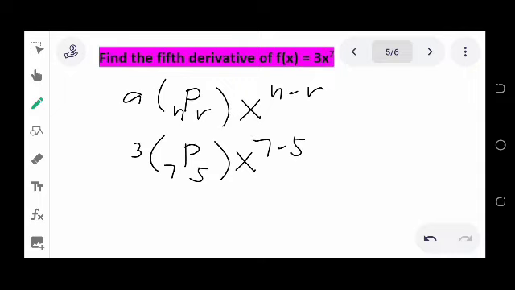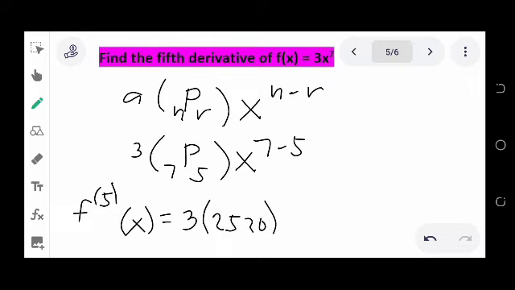So now we have the fifth derivative: 3 permutation of 7 taken 5, that's 2520. Then this is x squared, so this will give you 3 times 2520, which is 7560x squared, and that is now your answer.